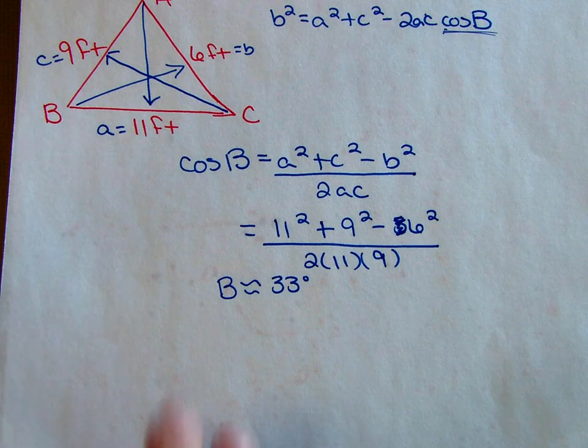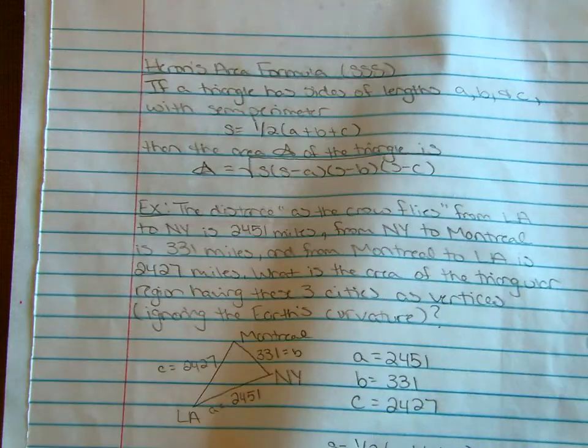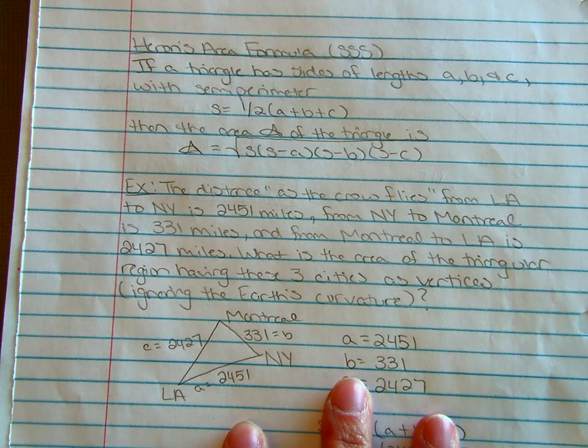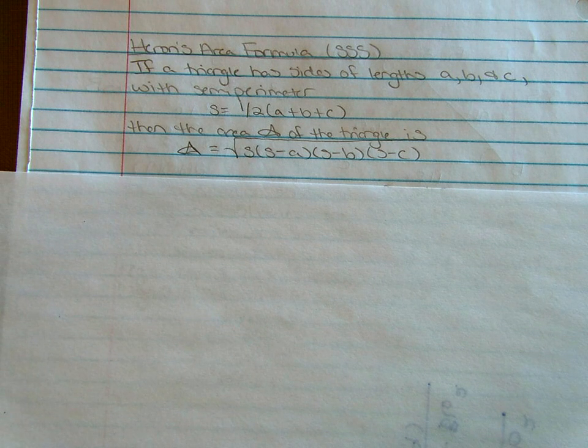Okay, the last topic of this section and of today is Heron's area formula. We use this with our side triangles. If a triangle has sides of lengths A, B, and C with a semiperimeter equal to S equals 1/2 times (A plus B plus C), then the area, which is done with a cursive A or a funky A, however you want to look at it, of the triangle is equal to the square root of that semiperimeter times the distance of the semiperimeter with each of its sides.